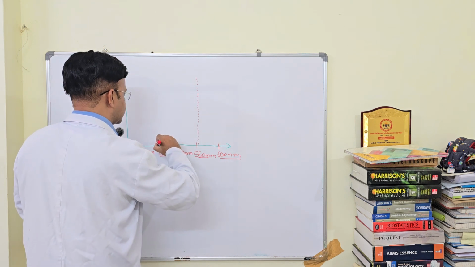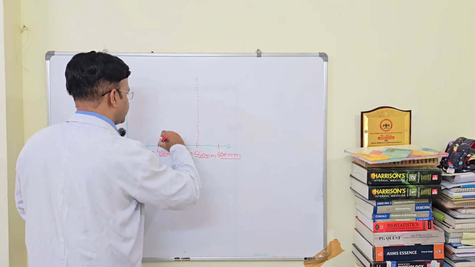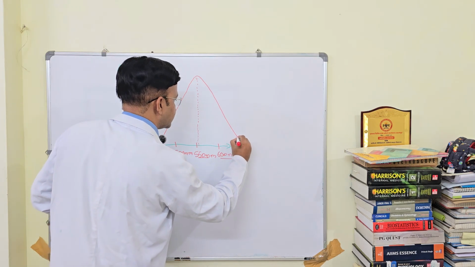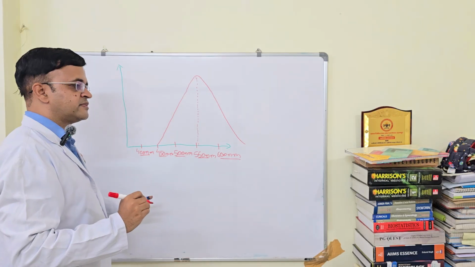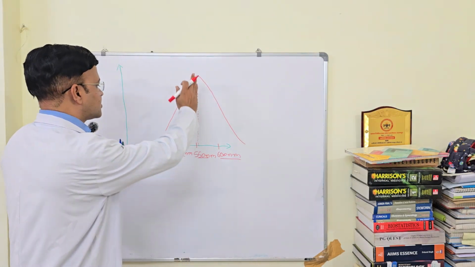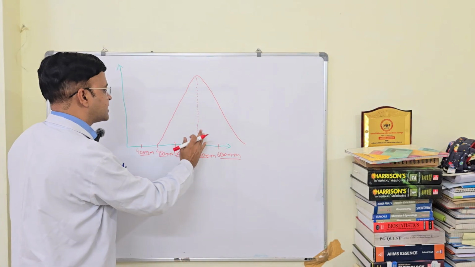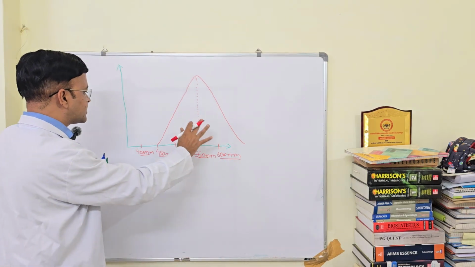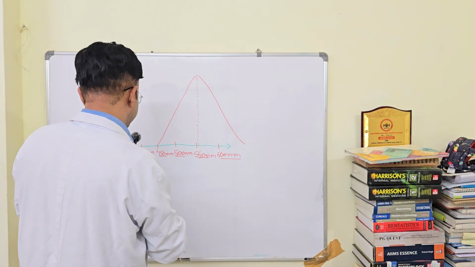We have a spectrum of absorption. The L cone doesn't absorb only 560 nanometer, it absorbs from a range of the spectrum. All these cones have a range.